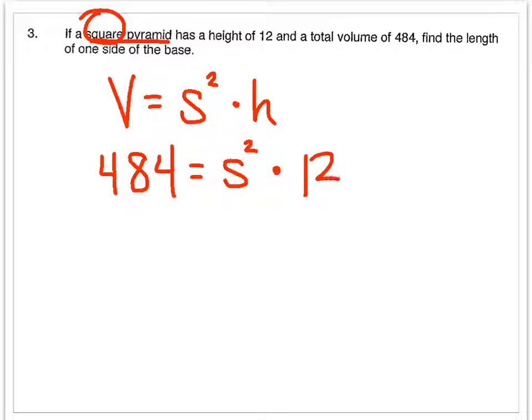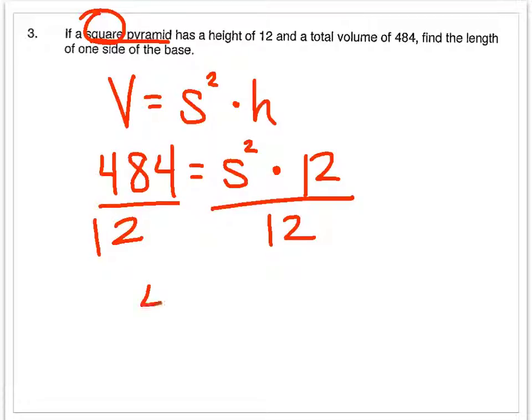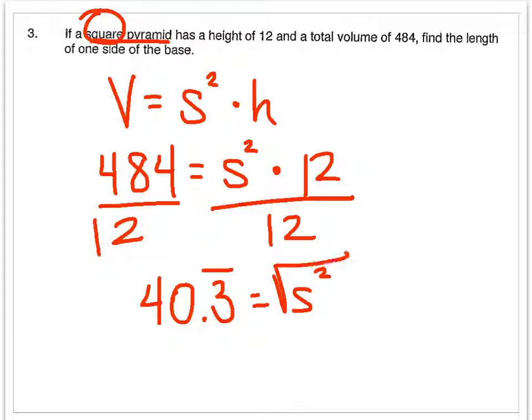The height is 12. Next step, divide by 12. 484 divided by 12 is 40.3 repeating. That equals S squared. And as you know, we're going to square root. The square root of that gives us a side length of about 6.35.